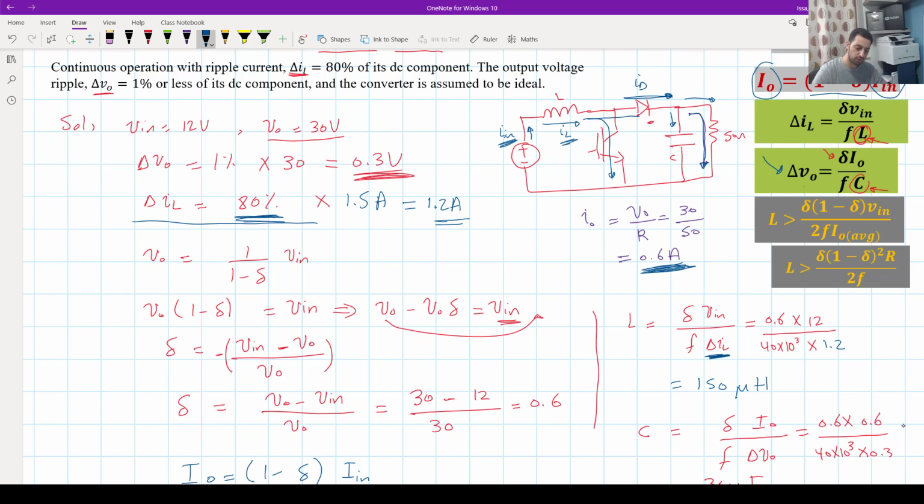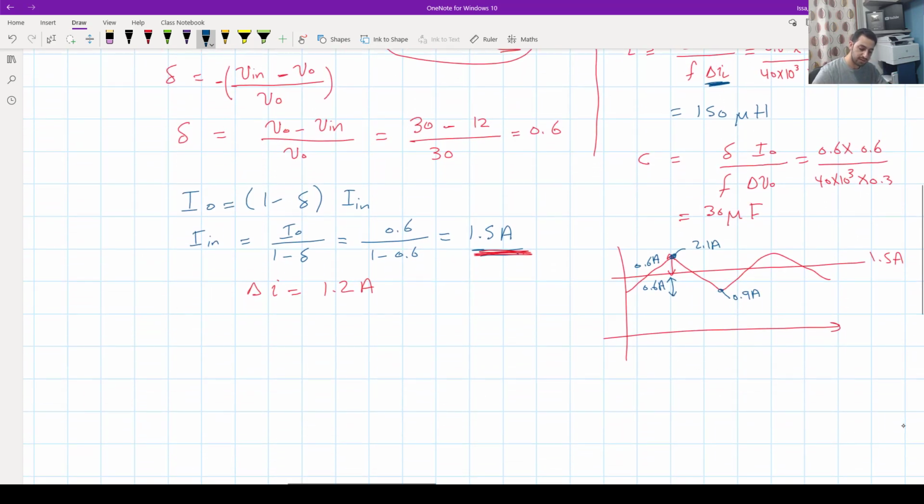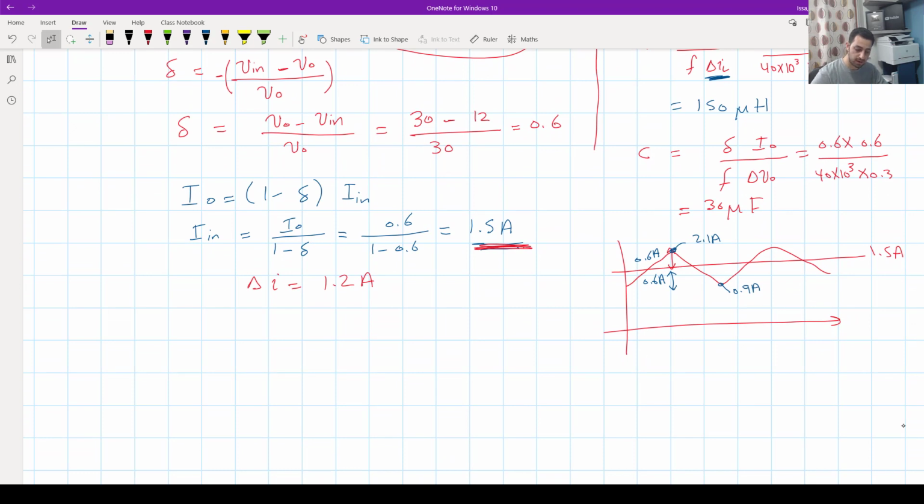So my switches, both of them, should handle the maximum and the minimum current. So let's go for the worst case scenario, 2.1. So the max current for the switches is 2.1 ampere. And if you want to select, we have to select more than this, maybe 3 ampere or 4 ampere.